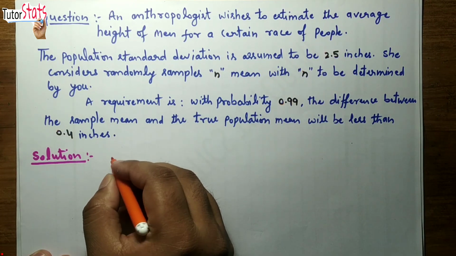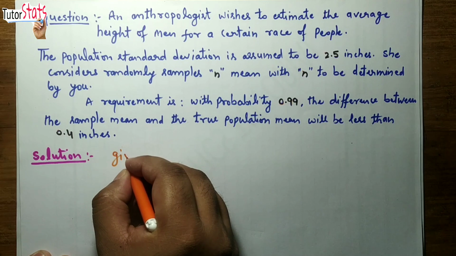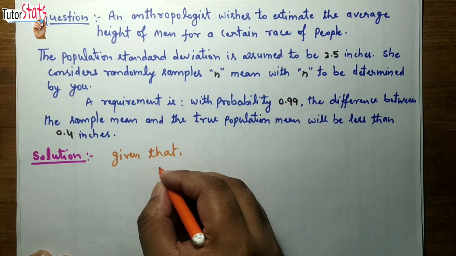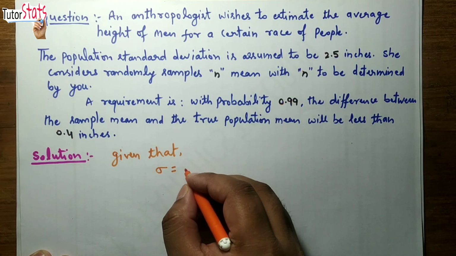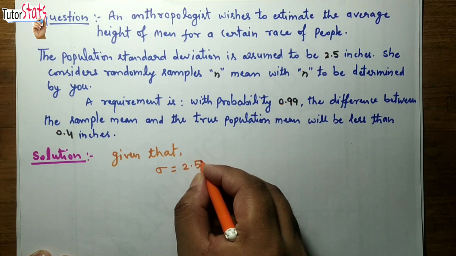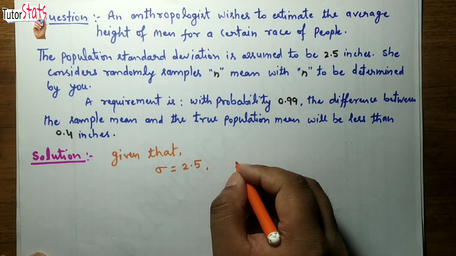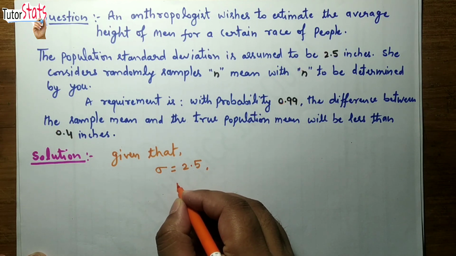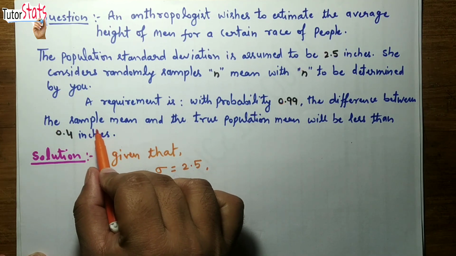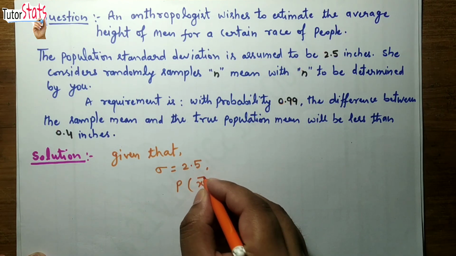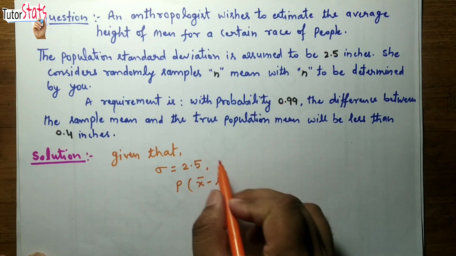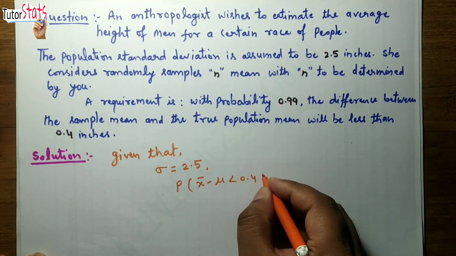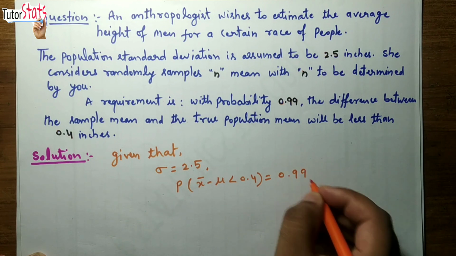So in this question we have been given that the population standard deviation sigma is 2.5, and the probability of the difference between the sample mean and the true population mean, x bar minus mu, being less than 0.4 is 0.99.